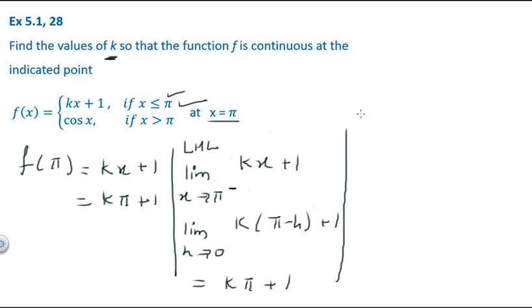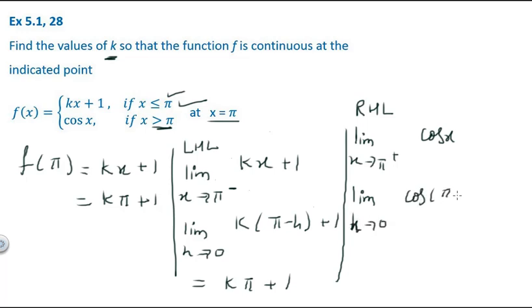Let us solve RHL. RHL will be limit x tending to pi plus. For pi plus, the function is cos x. So limit h tending to 0 cos of pi plus h.